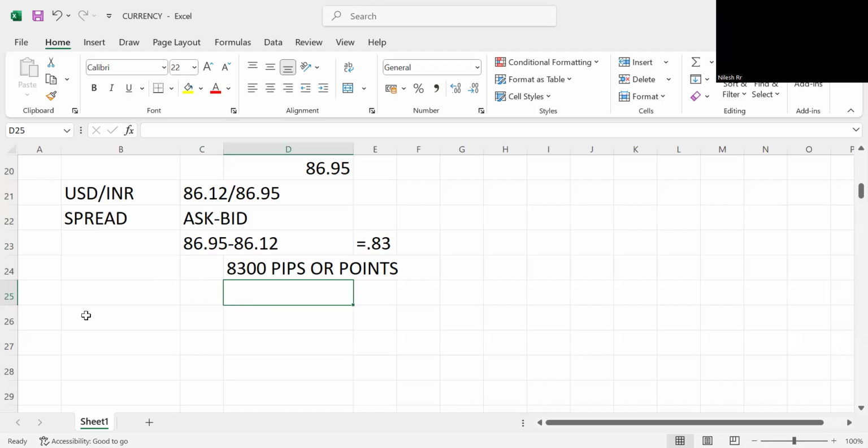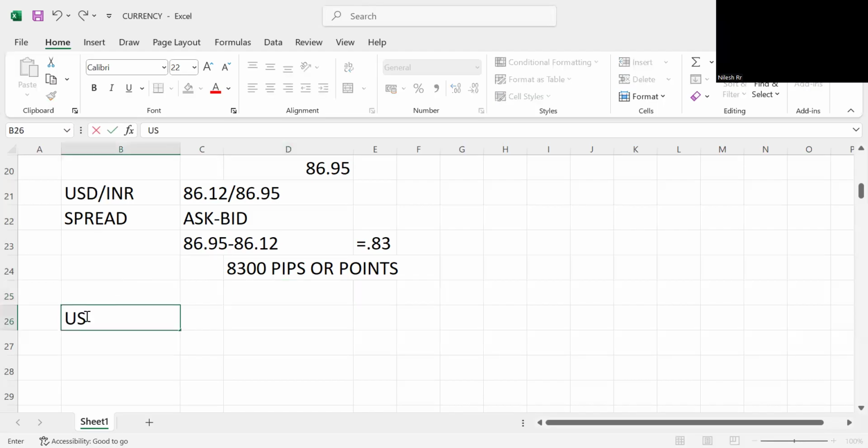Now, the quotation which mentions USD slash INR. Here, the left hand side currency is called the base currency.